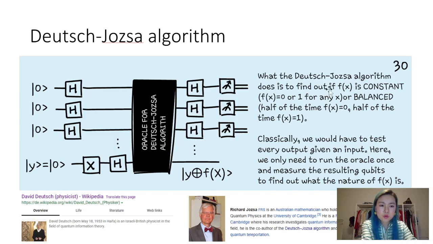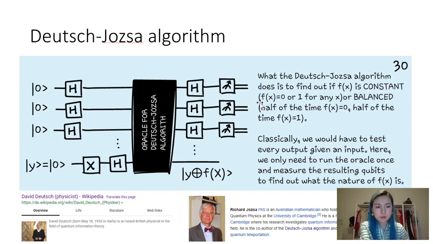So what Deutsch-Jozsa algorithm does is to find out if a function f of x is constant, which means f of x is either 0 or 1 for any given x. So constant 0 or constant 1. Or f of x could be balanced, which means half of the time f of x gives you an output of 0, and half of the time it gives you output 1.